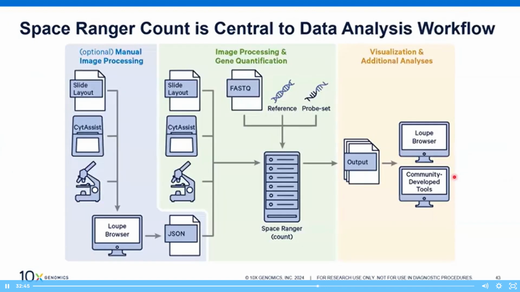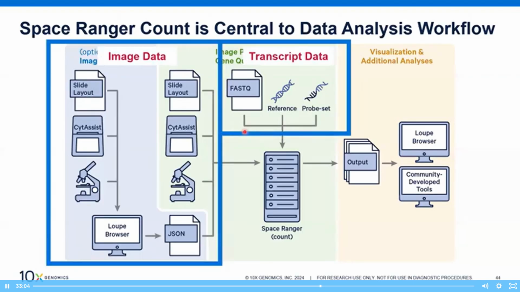This is a better representation of what Space Ranger count does, because it is central to the data analysis workflow, because it incorporates both types of data that we worked with, the imaging data and the transcript data. And this is what that looks like.